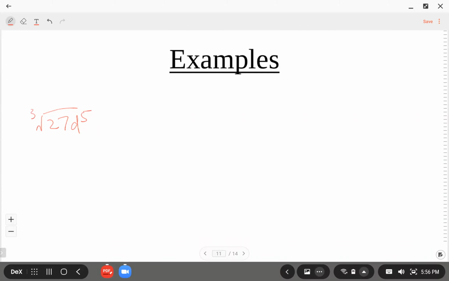When we have two terms here, this is what you're going to do: you're multiplying these two terms, okay?